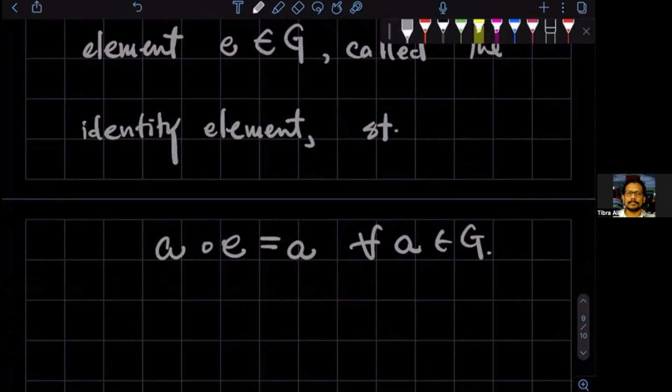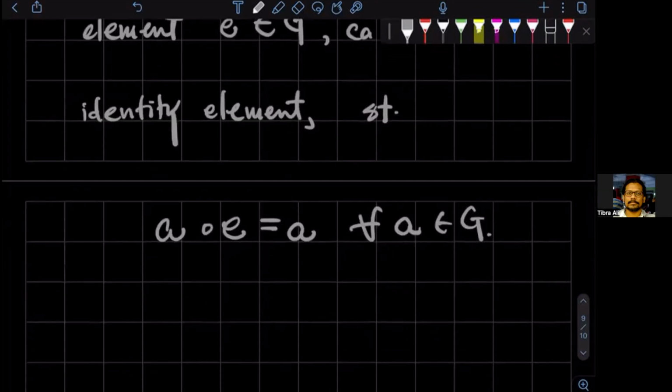Okay, so with the next axiom, next postulate, we will be able to show that if E satisfies, the way I define E, it's better to call it right identity, right? Because it's multiplying A on the right. But with the next axiom, one can show that if the right identity exists, it also satisfies this.